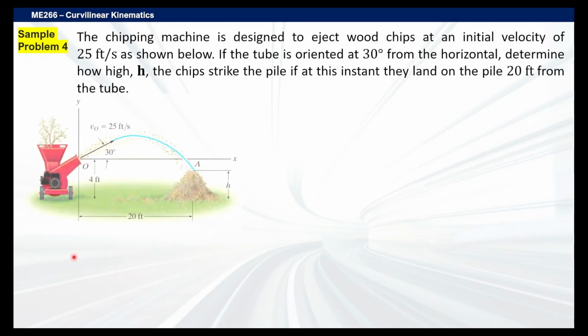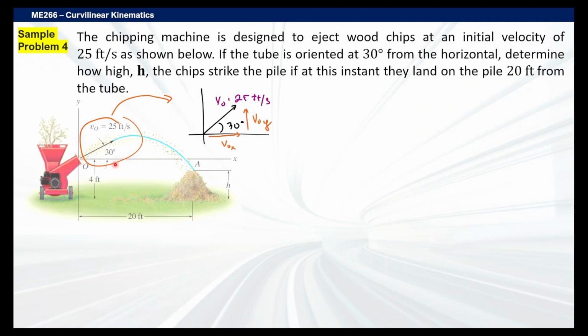So again, we identify muna what is given dito. So as you can see here, I hope you guys remember how to evaluate this further. Given that the initial velocity is 25 feet per second, and that it's oriented 30 degrees from the horizontal, we're not only given two variables dito, but we're also given two additional ones, because we can break it down to its Vx and Vy, if you could recall our statics of rigid bodies.